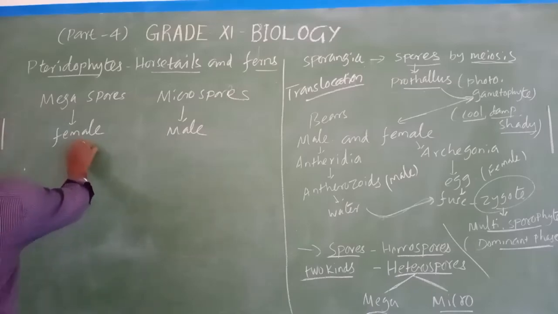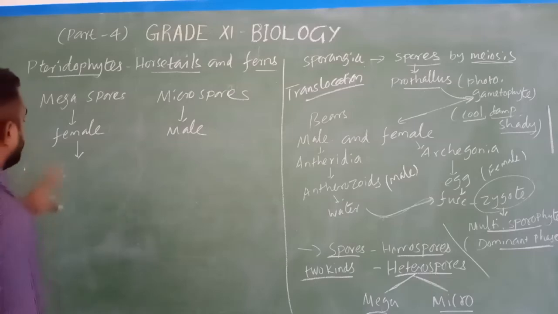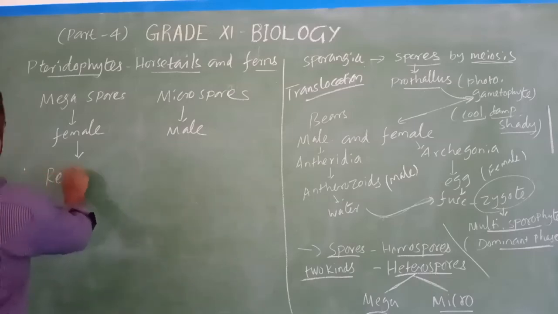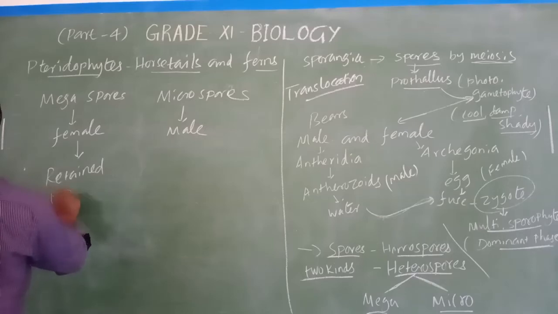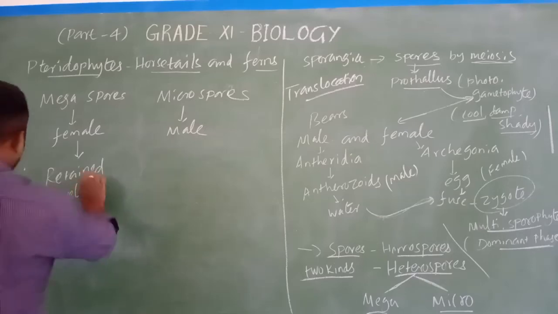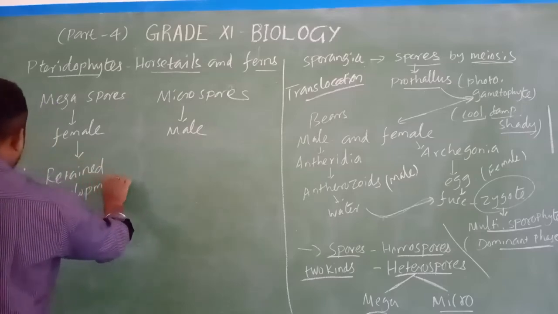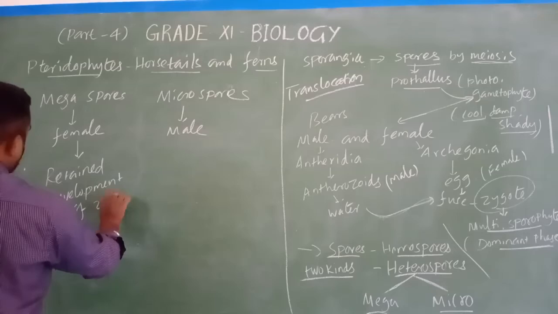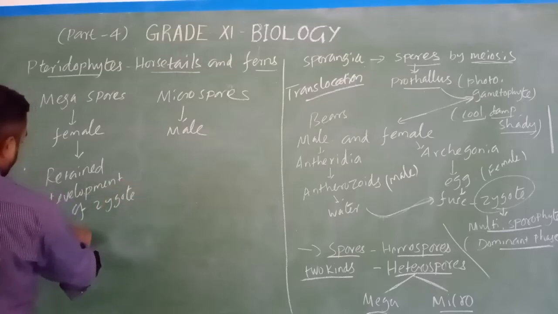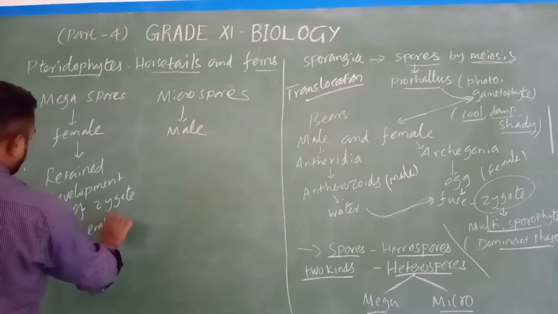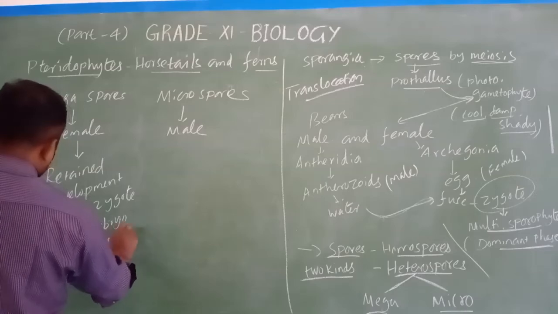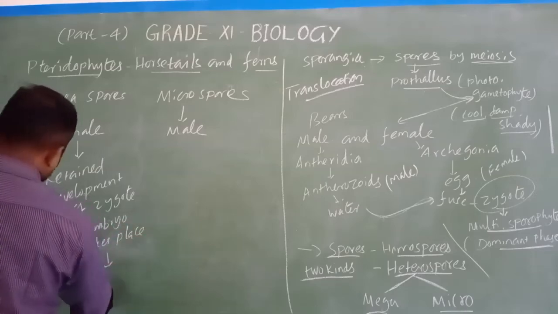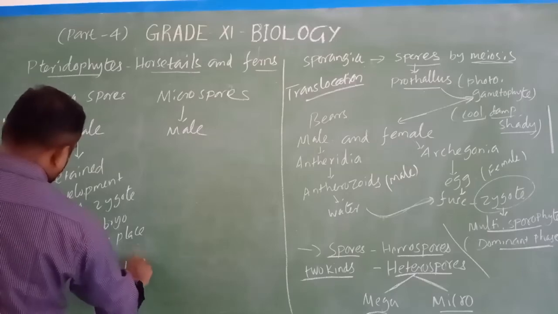Then the female spore is retained, and development of zygote and embryo takes place. Then the seed habit is coming.